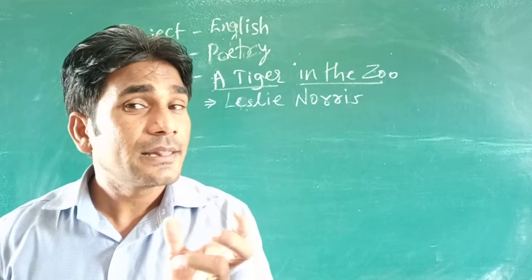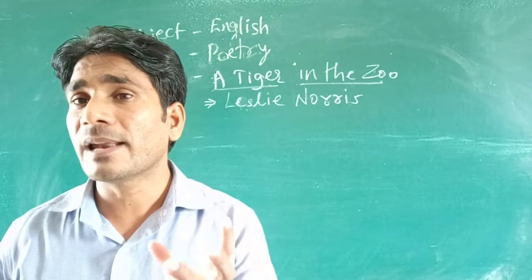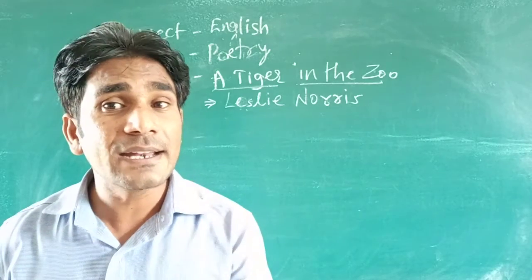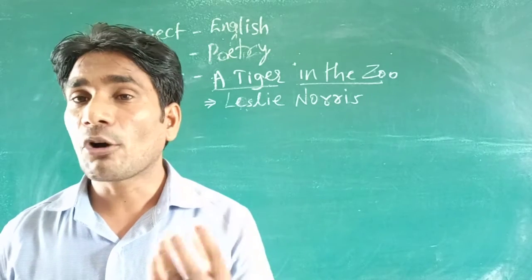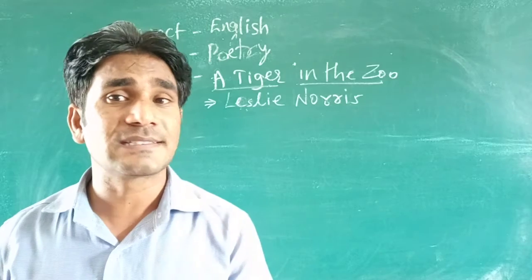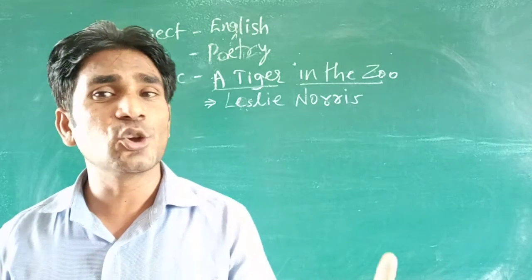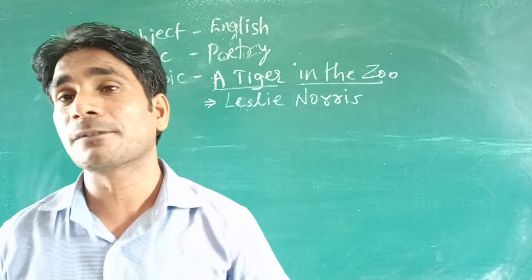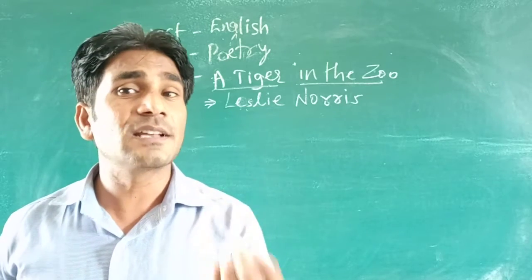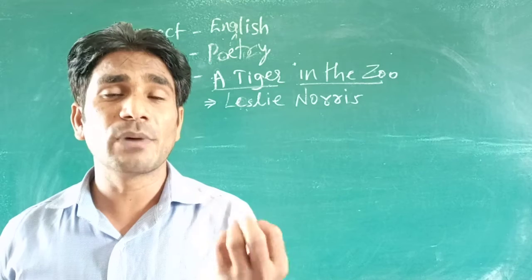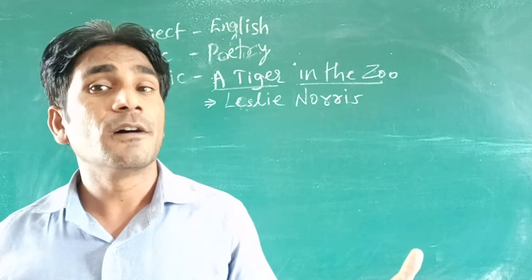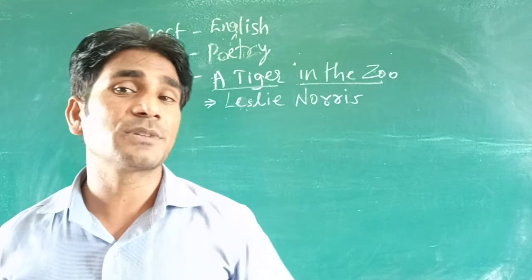So here that shows the helplessness, the agony, the sorrow, the sadness of the tiger, who is caged by the human being just for the sake of their own fun.